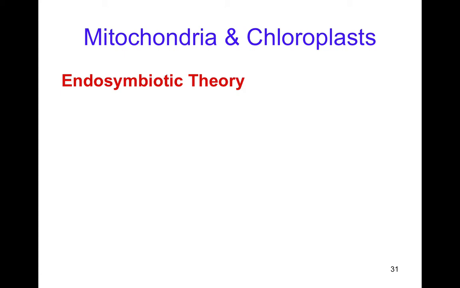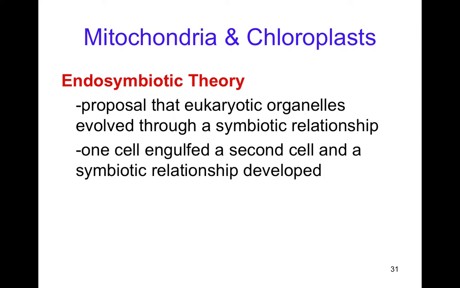So what they've theorized at this point is that you had two prokaryotic cells, and one was much larger than the other. And that one literally engulfed the second cell and developed this symbiotic relationship.